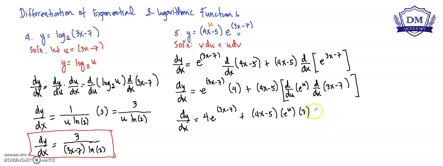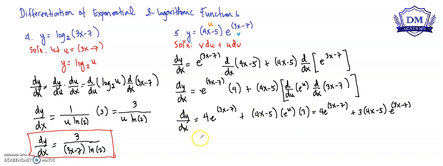Okay, this is equal to 4e raised to 3x minus 7. Then plus 4x minus 5 times e raised to u times 3, is 4x minus 5 times e raised to, our u is 3x minus 7.